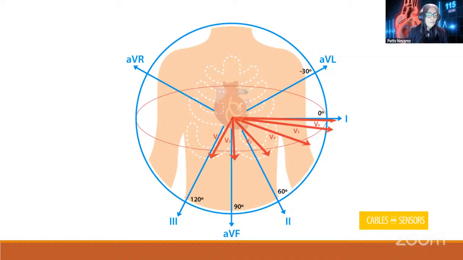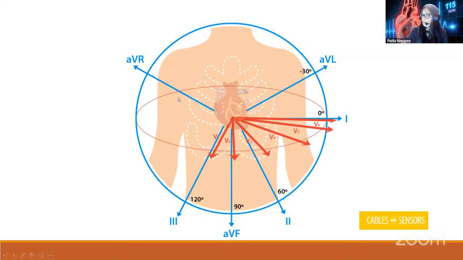So I like this image because we can actually see the heart and where the leads are actually positioned in relationship to the heart. So we can see here bipolar leads: lead 1 across horizontally, lead 2 coming from the right shoulder to the left leg, and then lead 3 coming from the left to the south, let's put it that way.